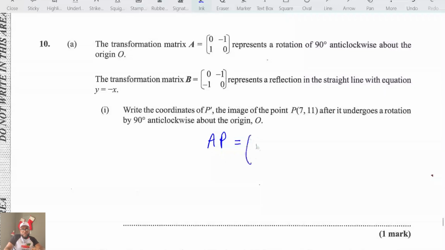So this will be 0, -1, 1, 0, and then you're writing 7, 11 in vector form. So let's go, row by column. 0 by 7 is 0, plus -1 by 11 is -11.